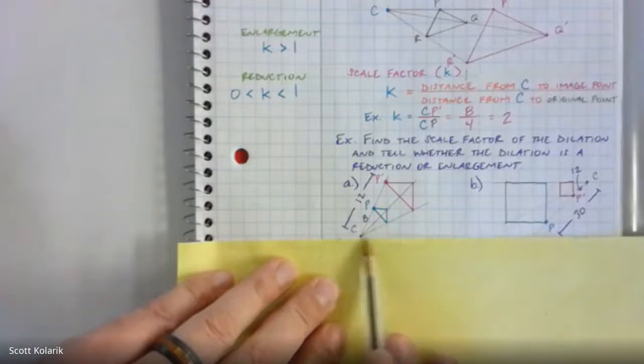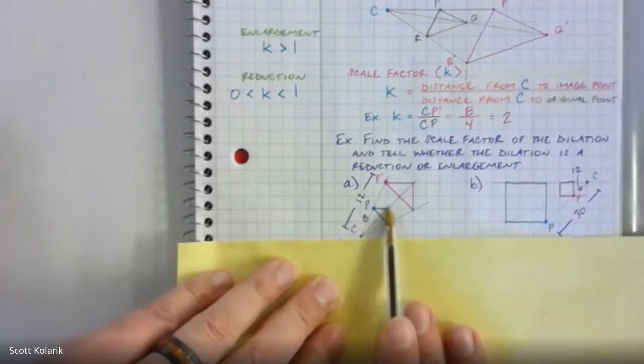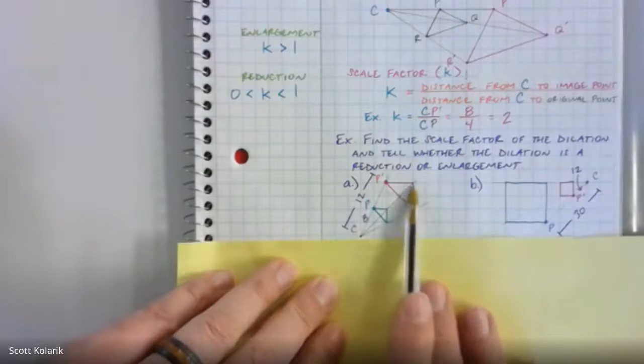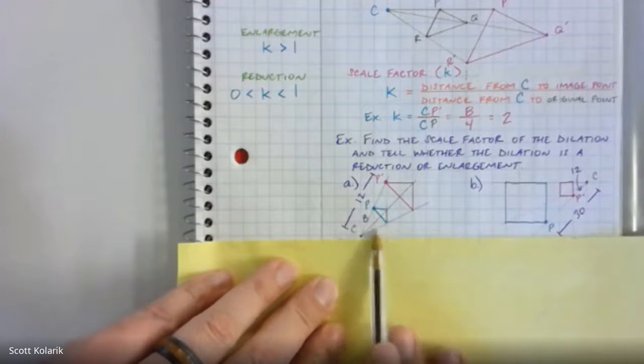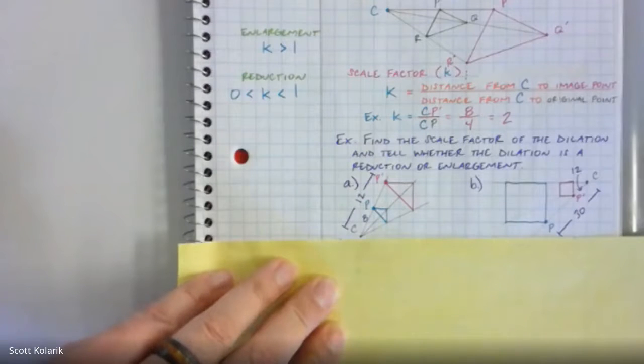So for instance, in this case, it'll be quickly apparent that my original triangle right here, denoted by this simple P, versus the image of that triangle over here, denoted by P prime, or that P apostrophe, it's quite obvious in this case that this is an enlargement. So that's simple enough, but scale factor measures how much larger it gets.